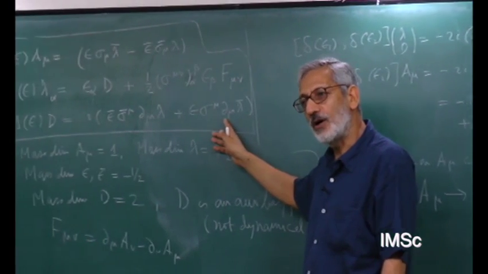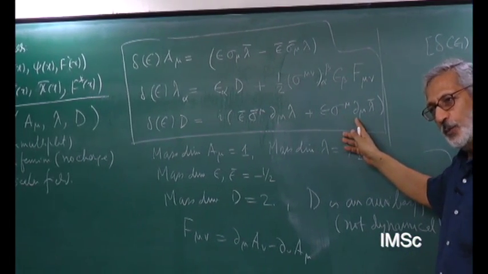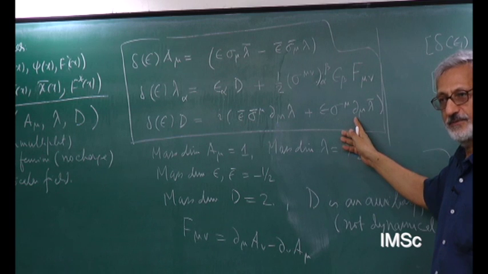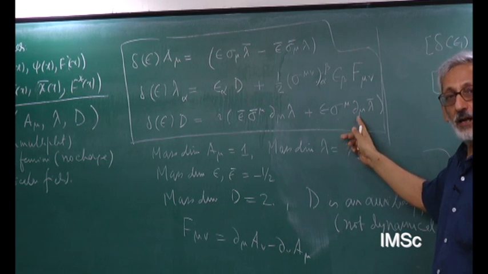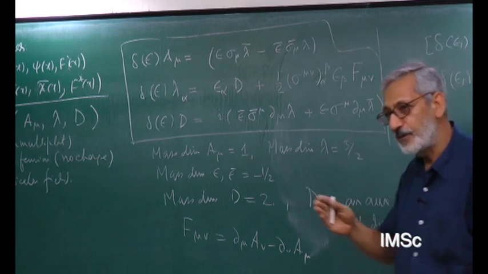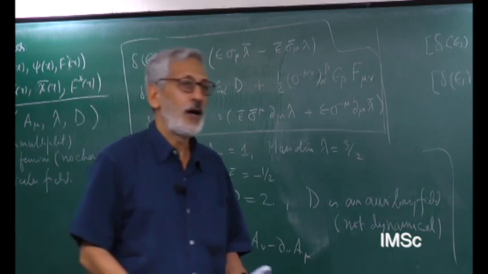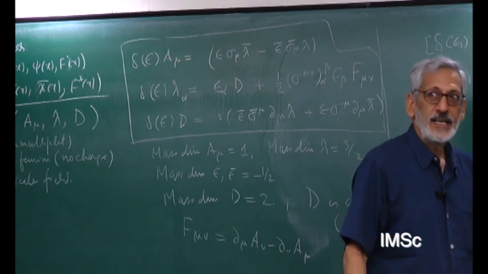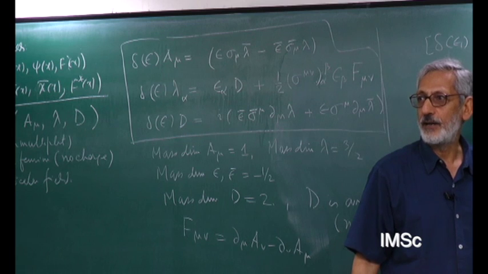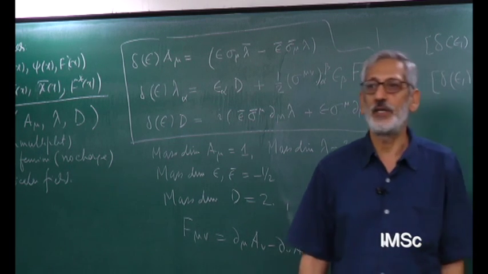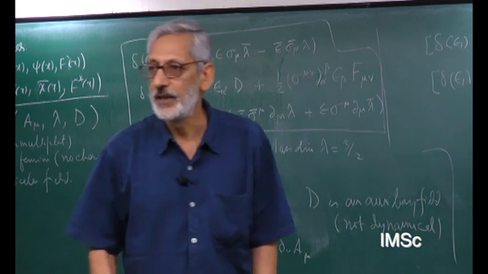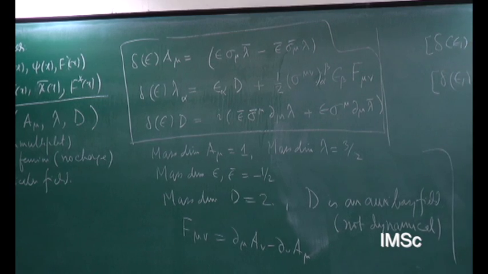One could in fact introduce some more auxiliary fields in it to make it complete off-shell. And when that is done, then the degrees of freedom between bosonic and fermionic will be equal, and so also this property will not be there. The algebra will close without the gauge transformations.